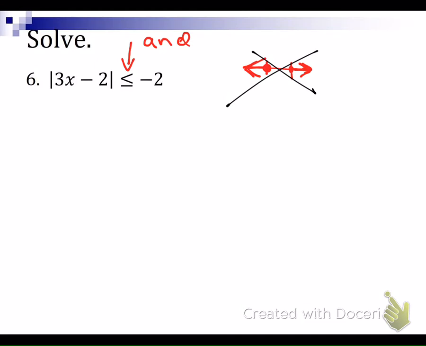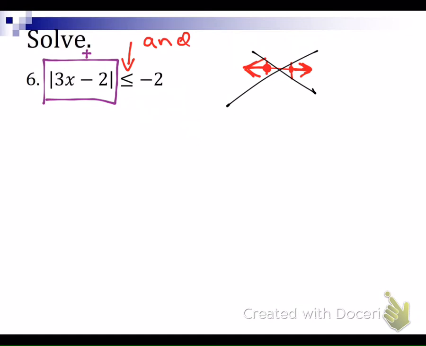The shortcut way is to remember that this side of our inequality is always what? Positive. And I feel like when I'm saying it's always positive, I'm lying. It could be 0. All right? But even if it was 0, 0 is less than or equal to negative 2. Is that true?